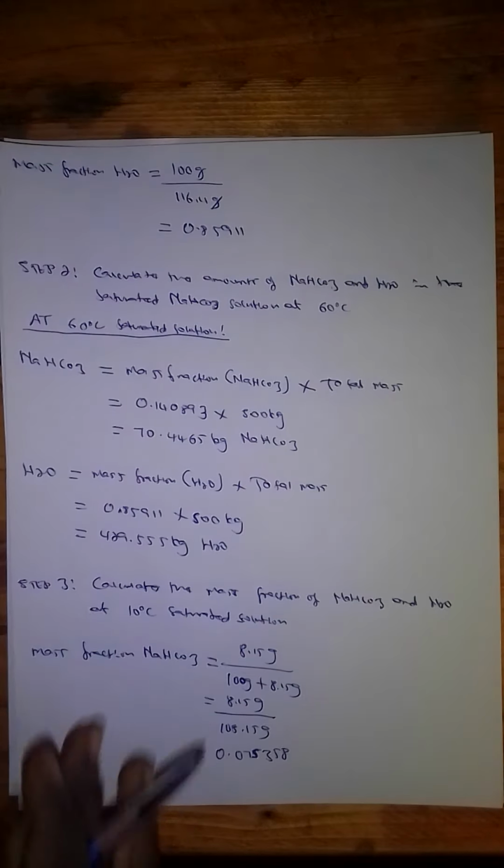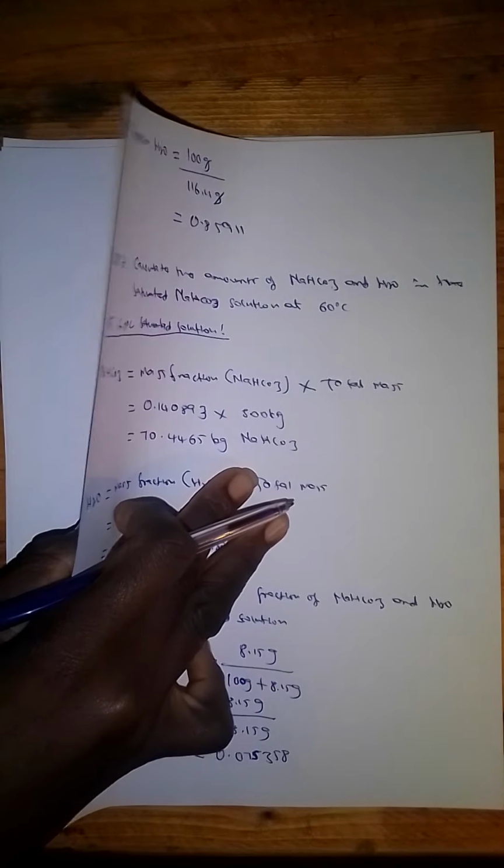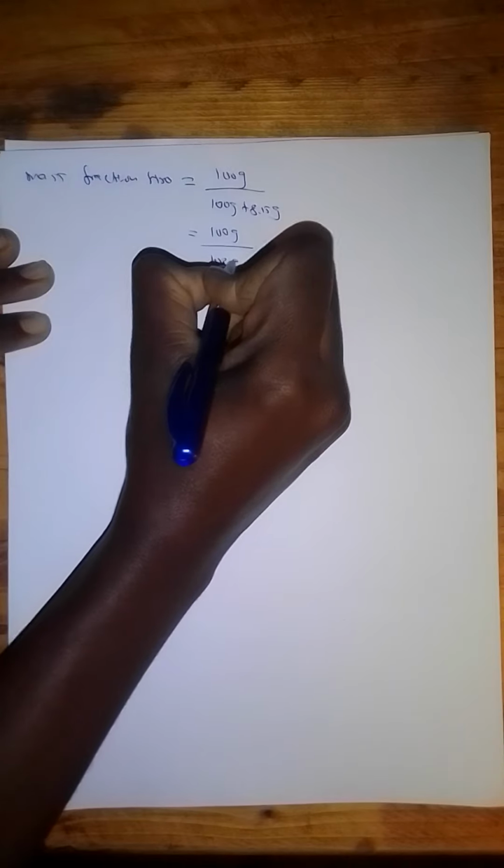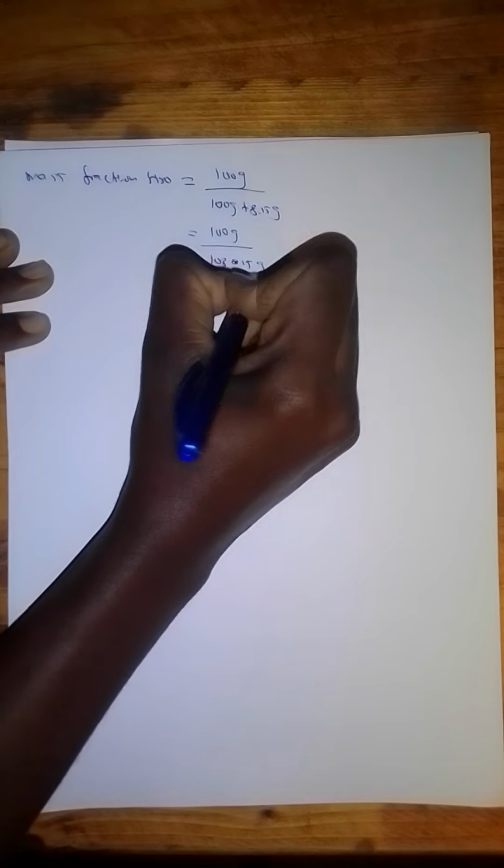Now we do the same with the water, and we can just say mass fraction H2O equals 100 grams all over 100 grams plus 8.15 grams. This gives us 100 grams all over 108.15 grams.